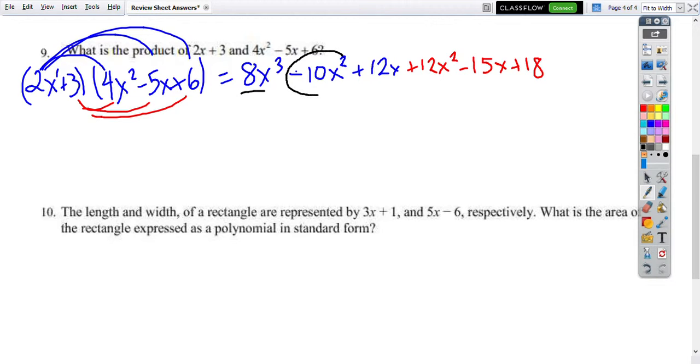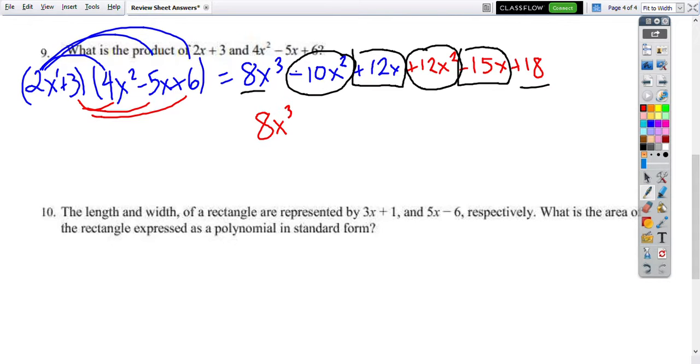We have 2 terms that have x squared, 2 terms that have x, and then 18 by itself. In standard form, the biggest exponent goes first. Then we combine the negative 10x squared and the positive 12x squared, so that's positive 2x squared. Then the positive 12x and the negative 15x is minus 3x. And then we just have the 18 left over on the end.